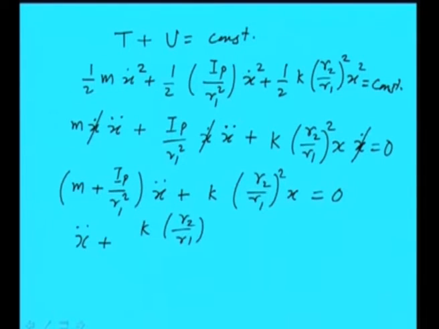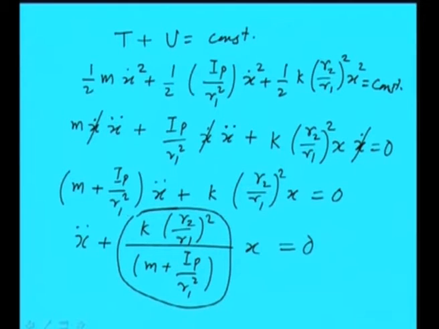we can easily see what the natural frequency of the system is. So this is nothing but the square of the natural frequency of the system, because we have a standard equation like this, and this is the square of the natural frequency. Here you can see that in the denominator we are getting the effective mass, and in the numerator the effective stiffness, and this gives us the natural frequency of the system.